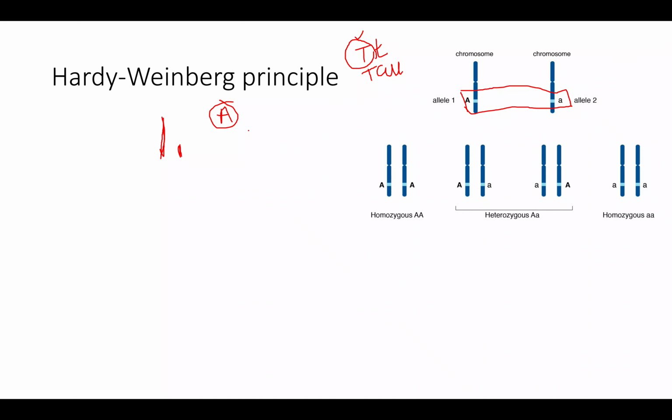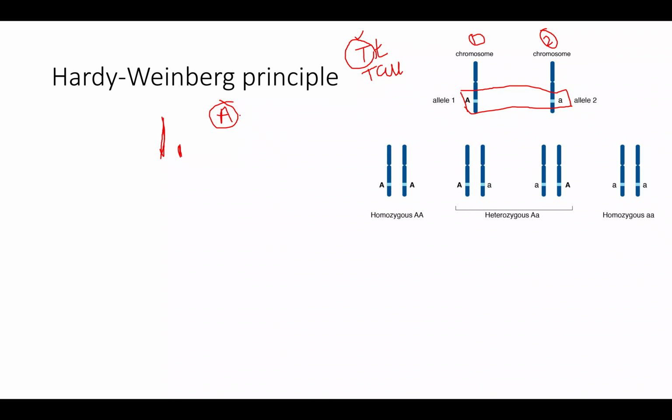As you all know, we are diploid organisms, meaning we have two sets of chromosomes, a double copy of each chromosome.